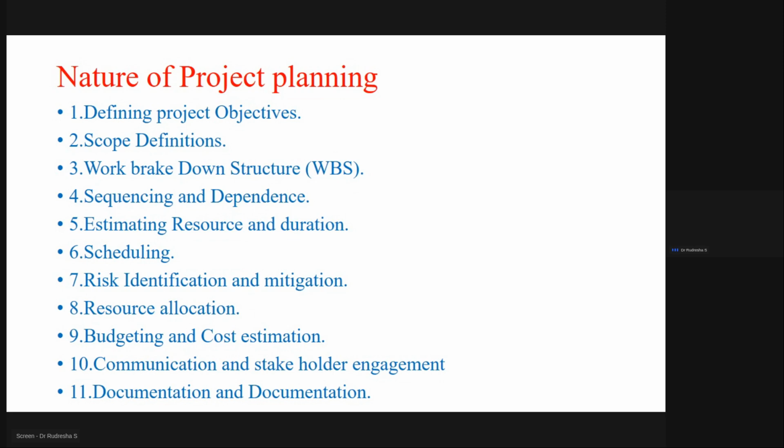Documentation. Project planning involves documenting the project plan, which includes all the planning activities, decisions, assumptions and constraints.